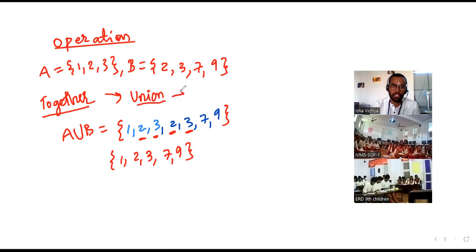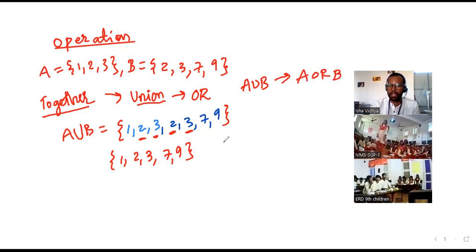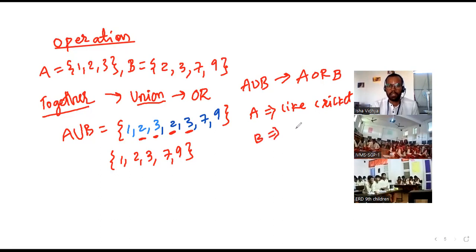There are some terms used for it, like or. That means A union B means A or B. Say A is the number of students who like cricket, and B is the number of students who like some other game, let me call it badminton. So what is A union B?